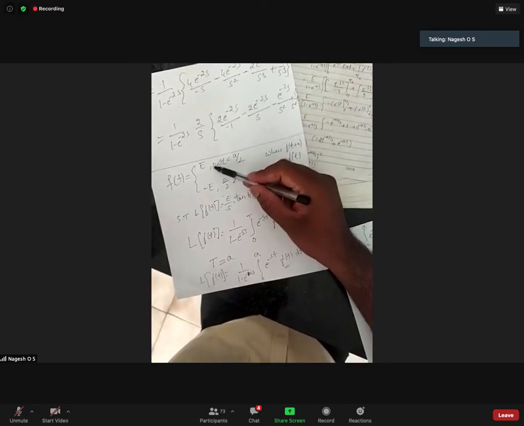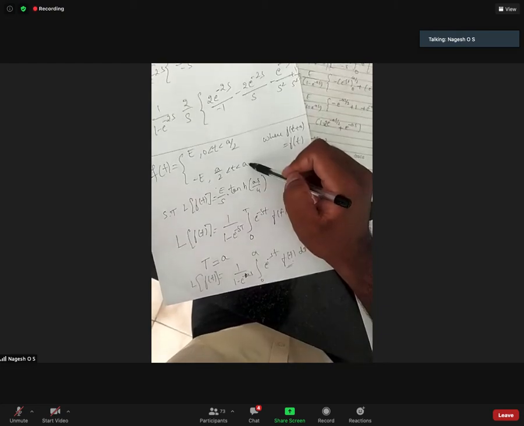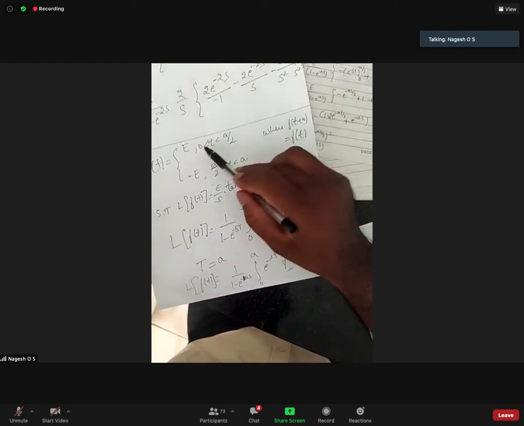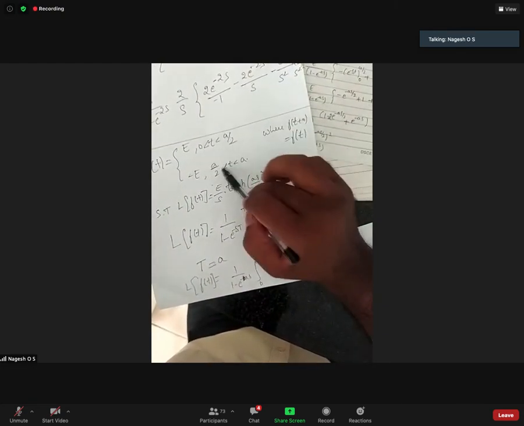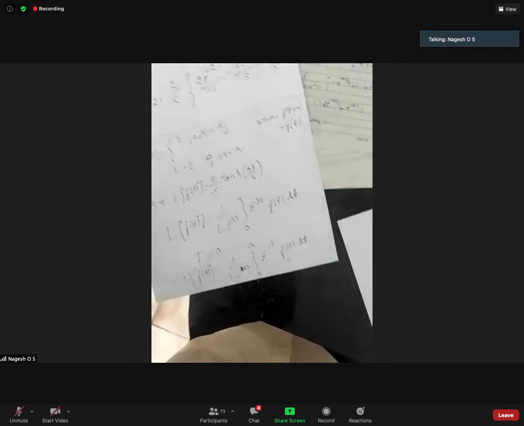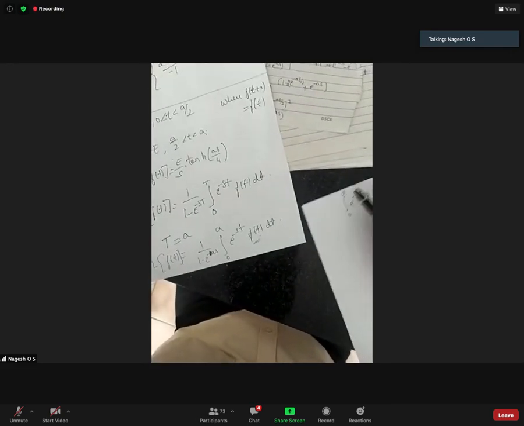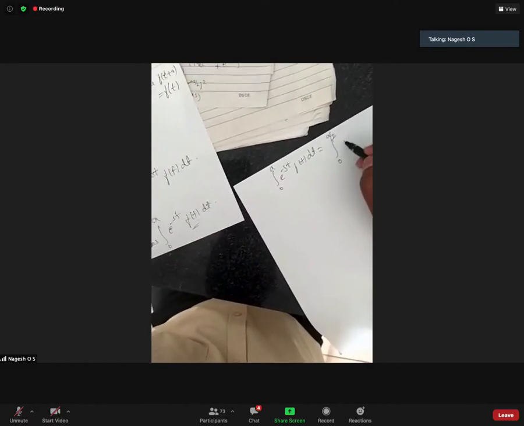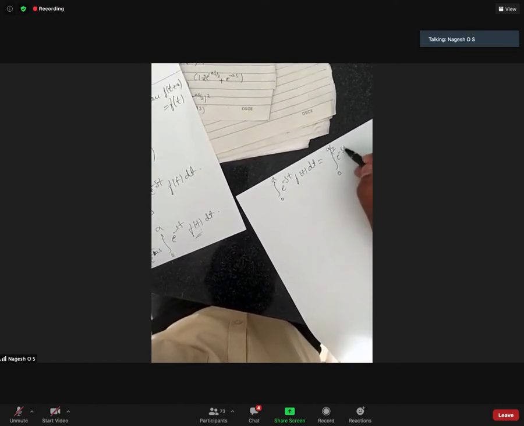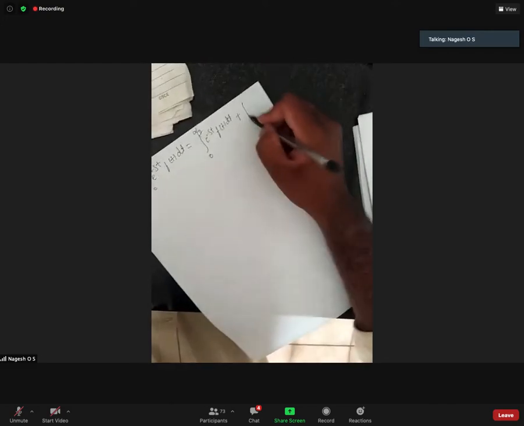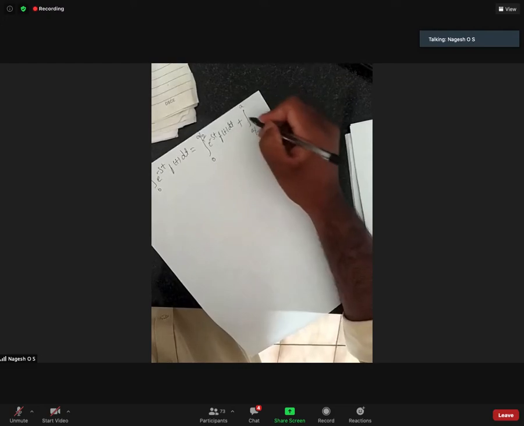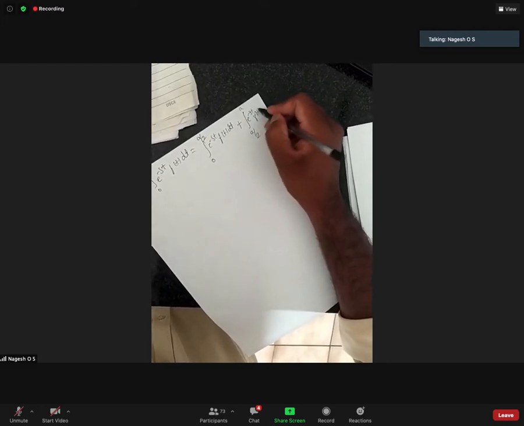Because in the problem you can see it is not one value of f of t between 0 to a. It is divided into two parts, 0 to a by 2 and a by 2 to a. So here also what we have to do, we have to divide these limits: 0 to a by 2 e power minus st f of t dt plus a by 2 to a e power minus st f of t dt.